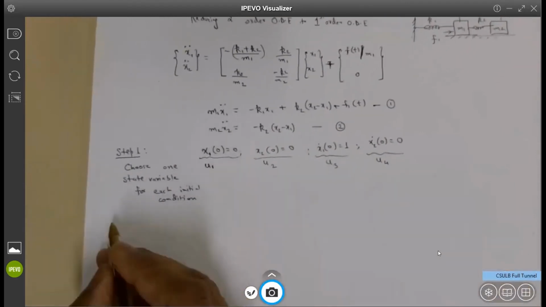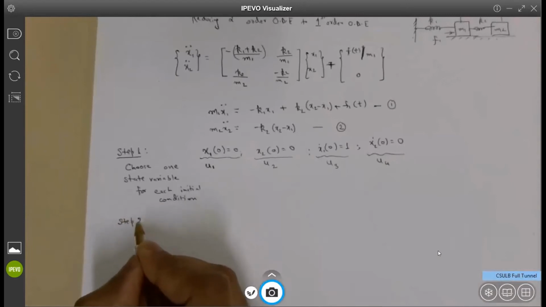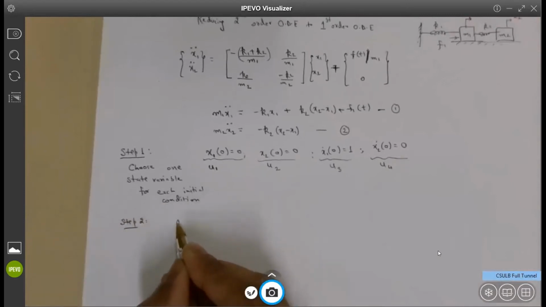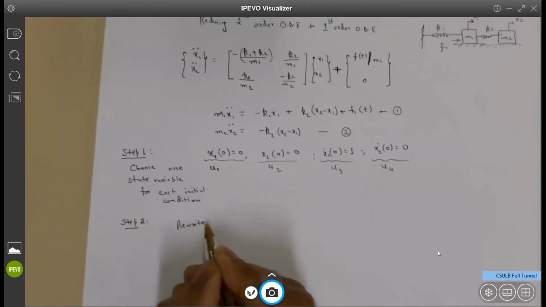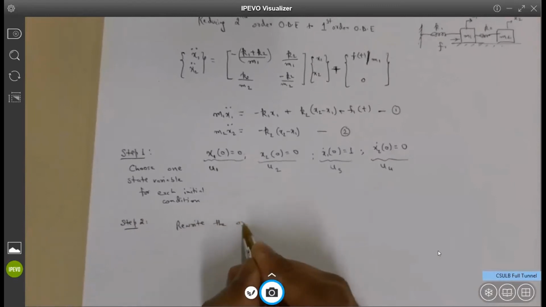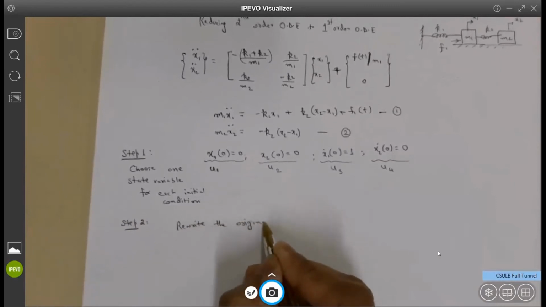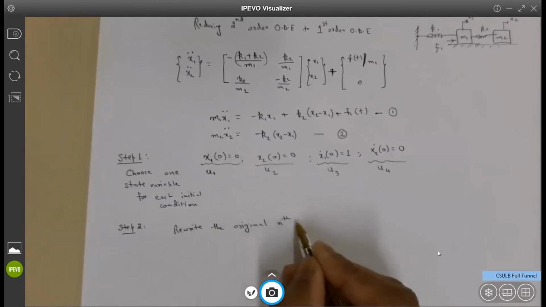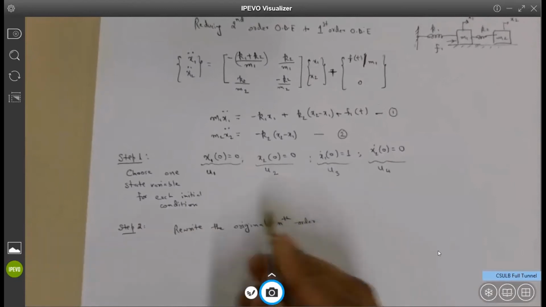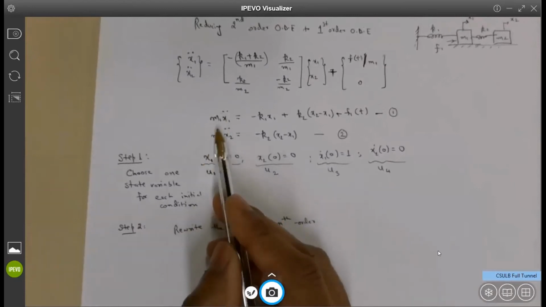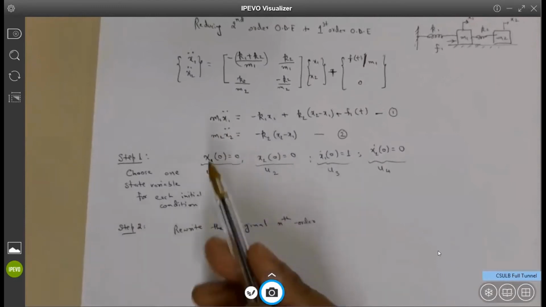And then step number 2 is rewrite the original nth order differential equation. For us, it is second order at this point of time. It doesn't matter, it is second order, third order, fourth order, it can be any order.